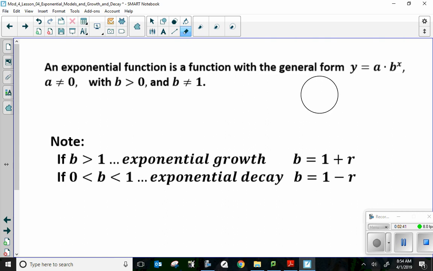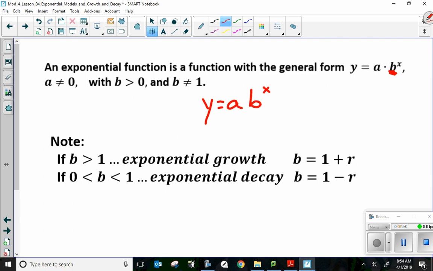All right? So those are some ground rules, and please note, and this is the basis behind growth versus decay. If you have y equals a b to the x, if your b value is bigger than 1, that represents growth. Because remember, what goes in here, it's really 1 plus whatever your rate is.